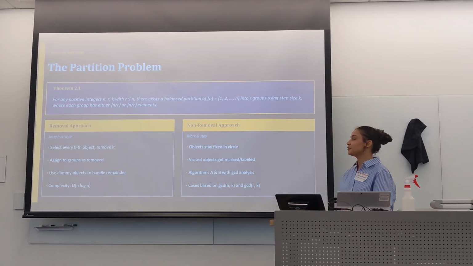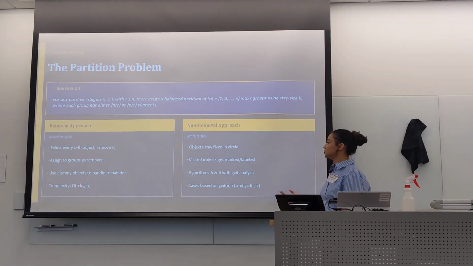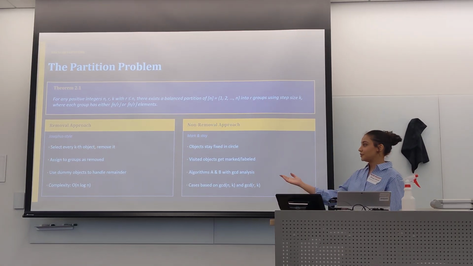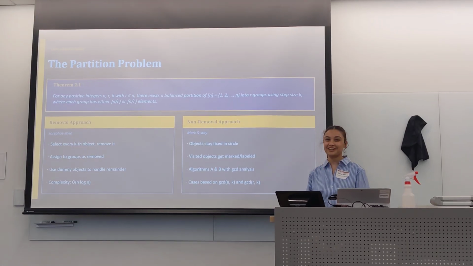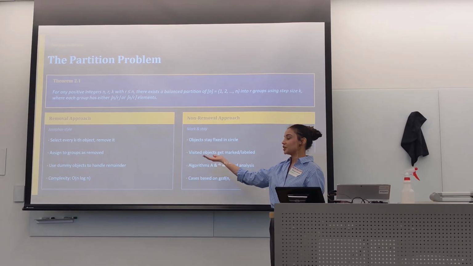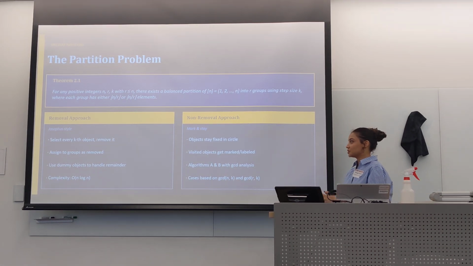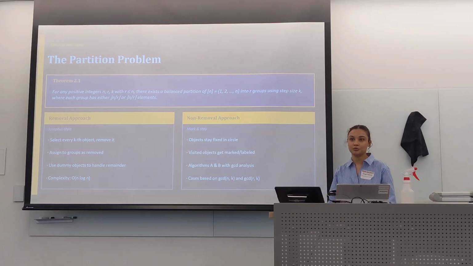We have two approaches for this partition problem: a removal approach and a non-removal approach. The names are pretty indicative: in the removal approach, every object we land on, we remove, while in the non-removal approach, we just mark or label it and put it in a group immediately.